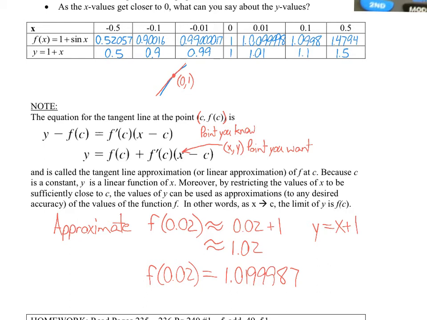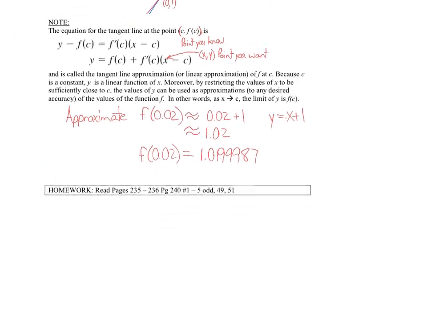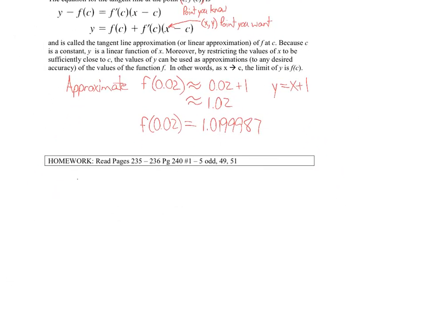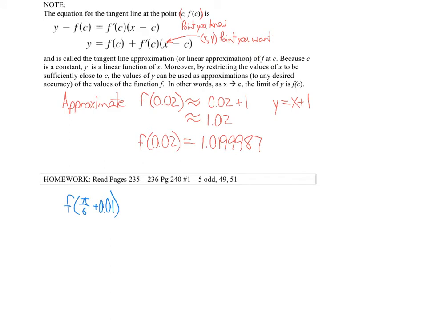Let's do another example, not with this tangent line, but let's say that I wanted to approximate, we'll go down here, what is f of pi over 6 plus 0.01? Okay? So, whatever that is. Well, let's use that formula because I don't have the tangent line here yet.